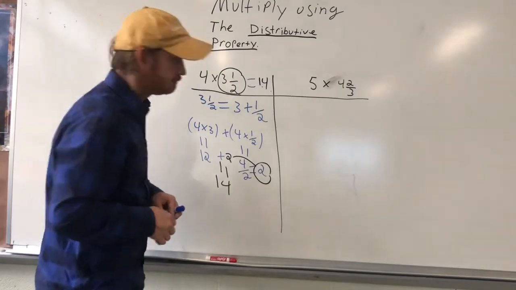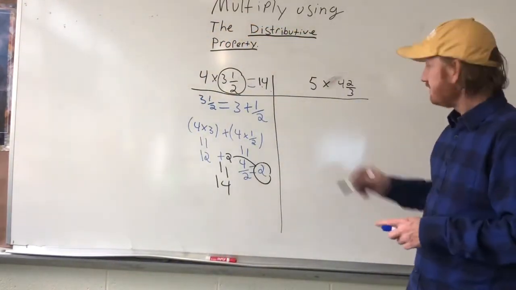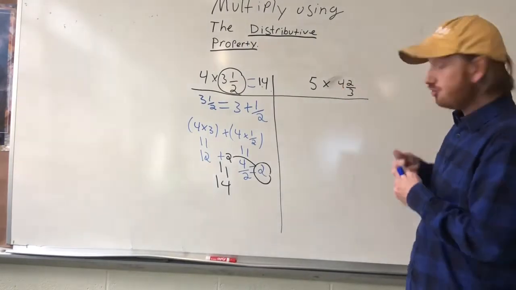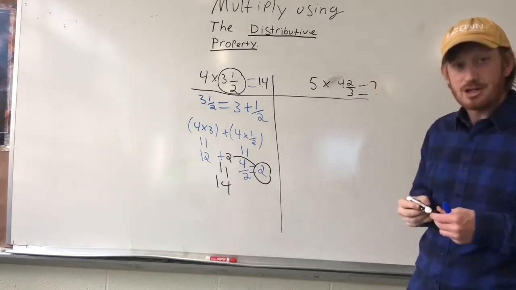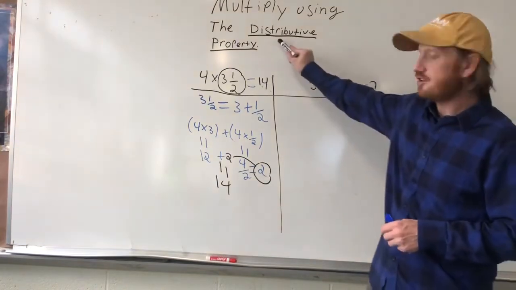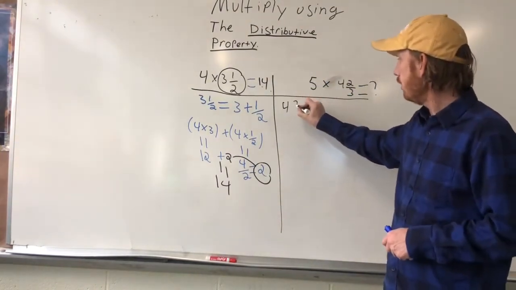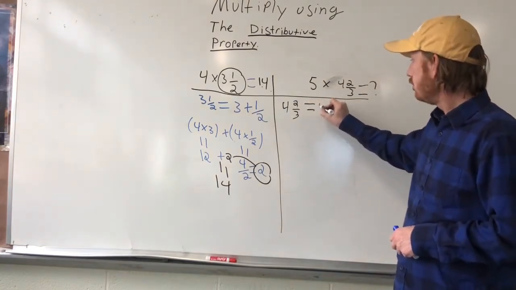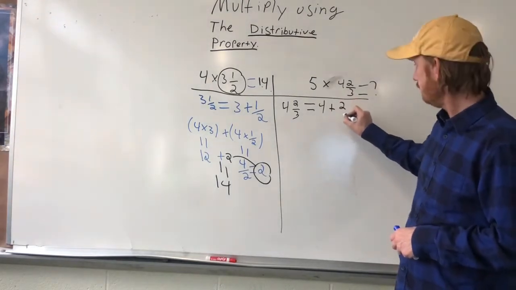Let's try another one. So over here, we have 5 times 4 2/3. And just like before, the first thing I'm going to do is break apart the 4 2/3 using the distributive property. So 4 2/3 is equal to 4 plus 2/3.